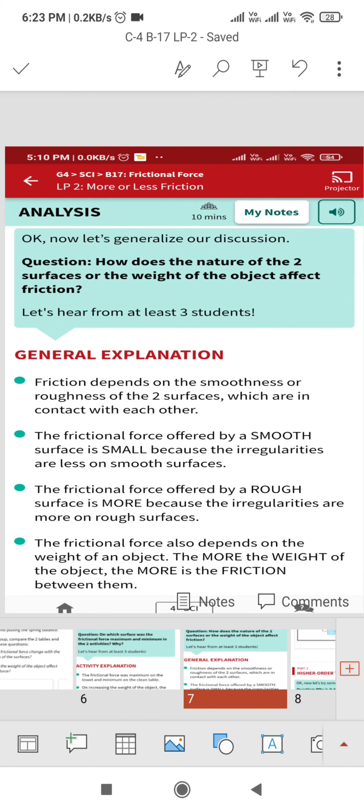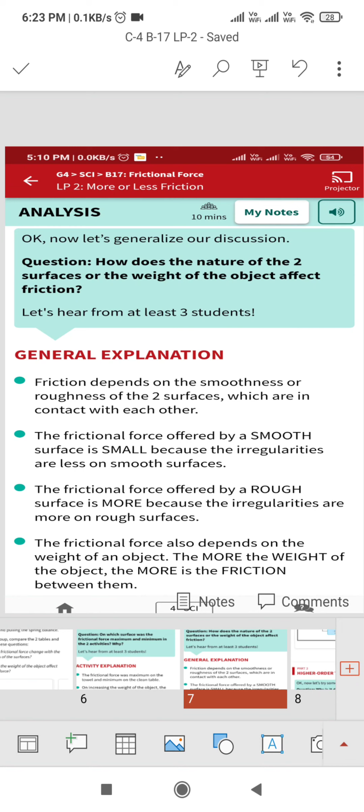Next comes the general discussion. How does the nature of two surfaces or the weight of an object affect the friction? As I told you, friction depends upon the hardness and smoothness of the two surfaces which are in contact with each other. If the surface is smooth, the friction is less.